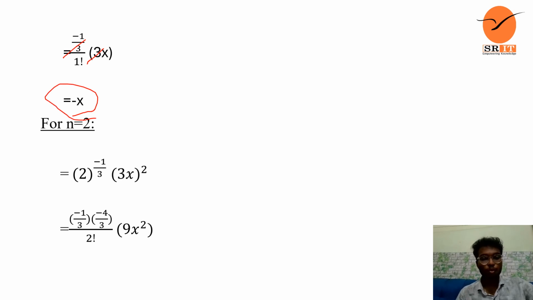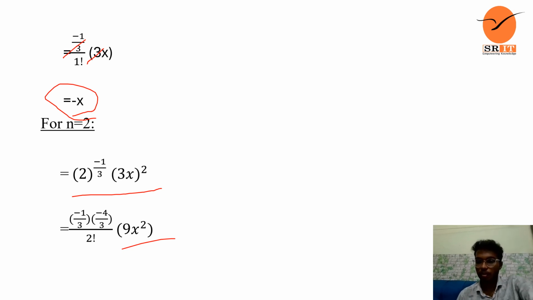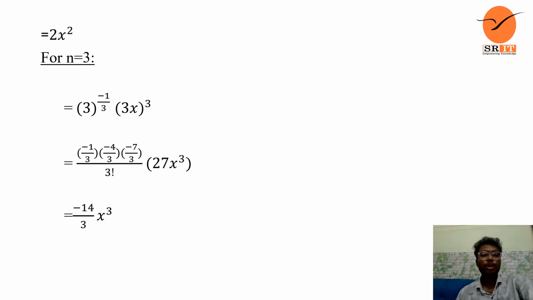And for n = 2: C(-1/3, 2) into (3x)^2. (3x)^2 is 9x^2, and C(-1/3, 2) can be written, according to the formula, as (-1/3)(-4/3) divided by 2 factorial into 9x^2, which equals 2x^2. So for n = 2, we have got this answer as 2x^2.